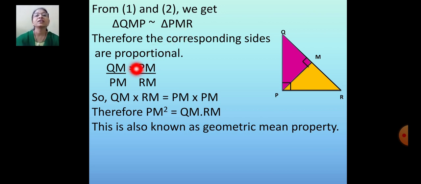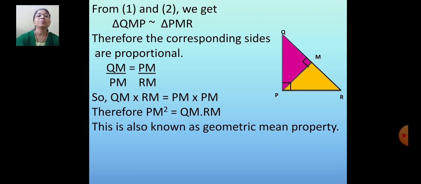Now take the ratio of their corresponding sides. QM upon PM is equal to PM upon MR or RM. Now you cross multiply. So QM into RM is equal to PM into PM.